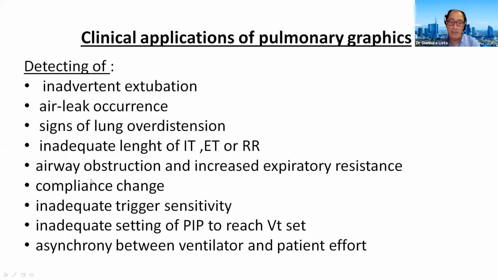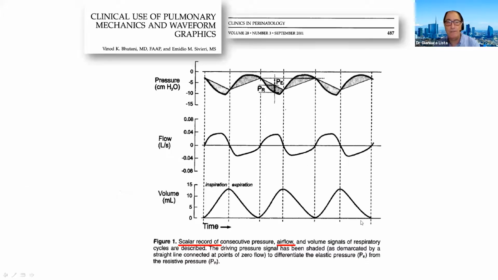We can detect the change in compliance. We can understand if the trigger sensitivity is adequate or not. We can understand if the tidal volume that you set is adequate with the peak inflation pressure that you set on the ventilator. You can detect the asynchrony between ventilator and patient effort.